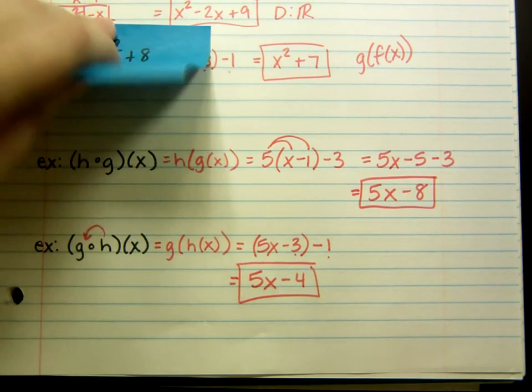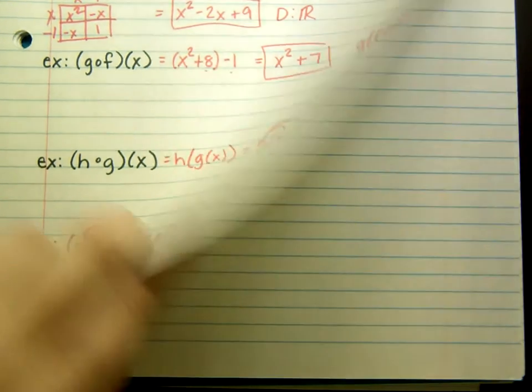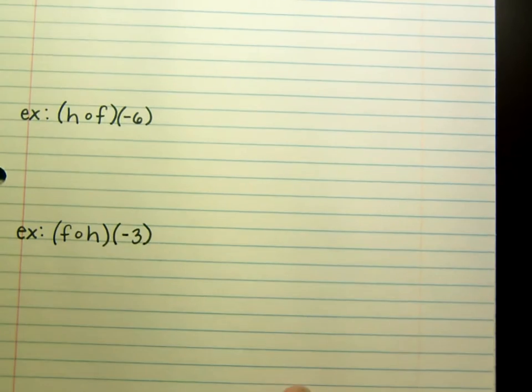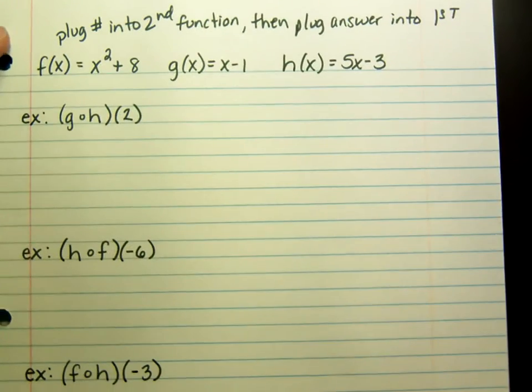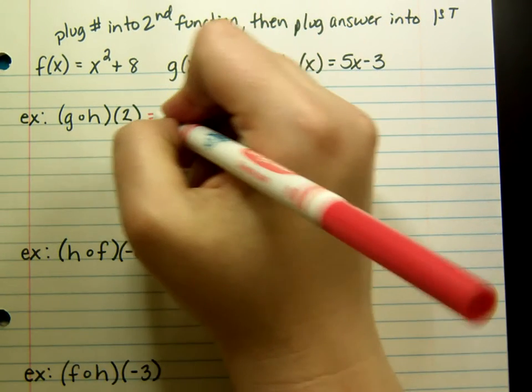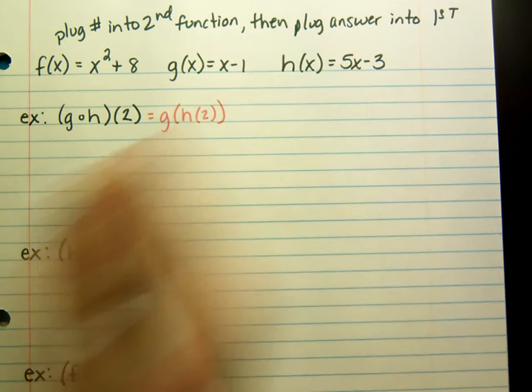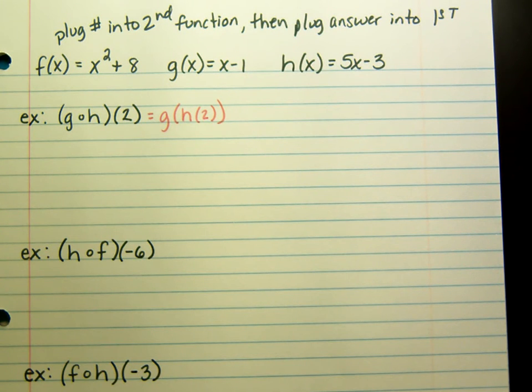Now, we can also evaluate composition of functions for specific values. So what I mean is this: if I have g of h of 2. What that means is I'm doing g of h of 2. And there's more than one way you can work this. One way to work it is to go ahead and do your composition first, then plug in the number.